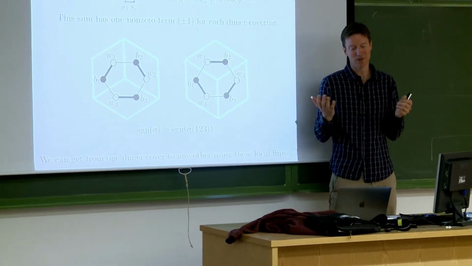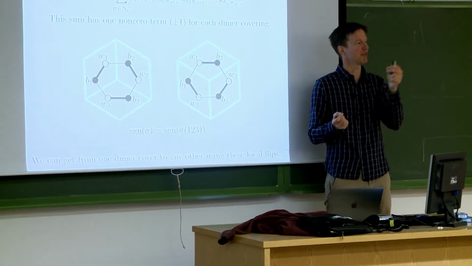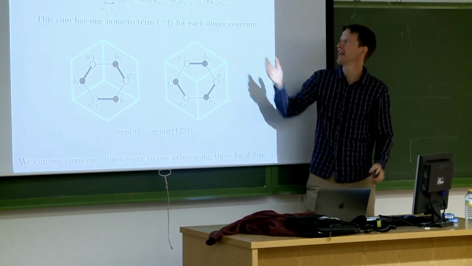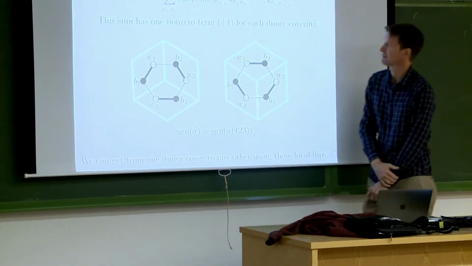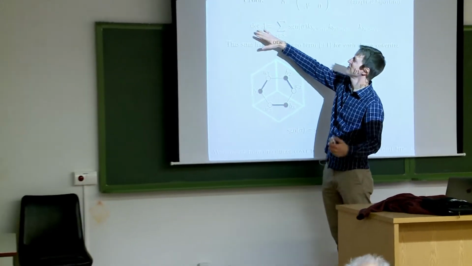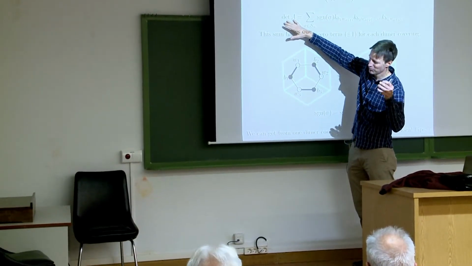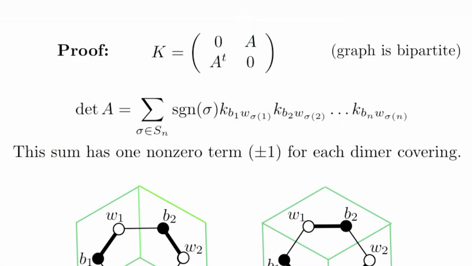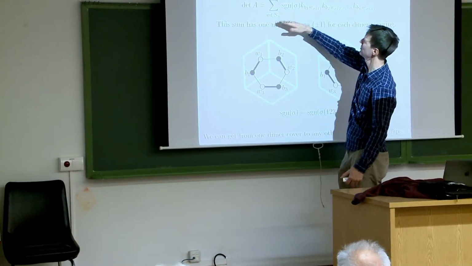If the graph has any perfect matchings, it's got the same number of black vertices as white vertices. So A has to be a square matrix. And A is just the adjacency matrix from blacks to whites, if you like. Rows of A index black vertices, and columns of A index white vertices. So the determinant of A is just expanded over the symmetric group.